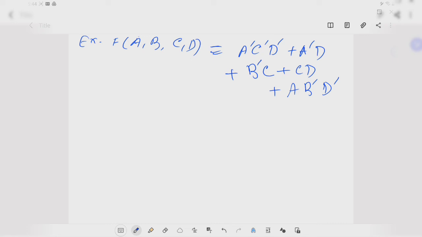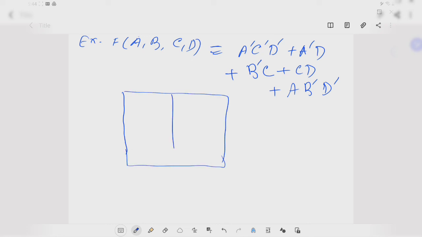So the first thing is we need to find the K-map. If we can find the K-map, then we can find the simplified function. It's just a regular equation, so let's draw the K-map first.